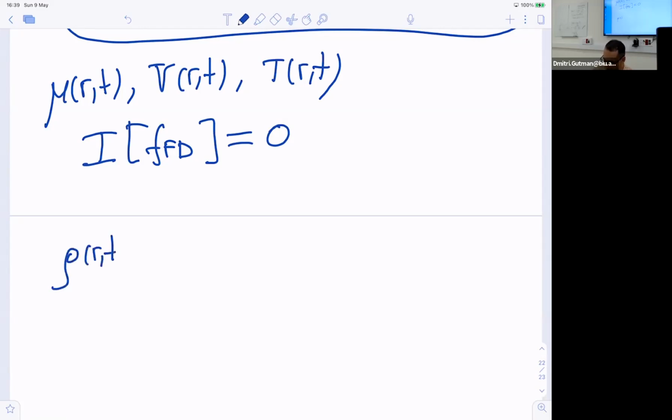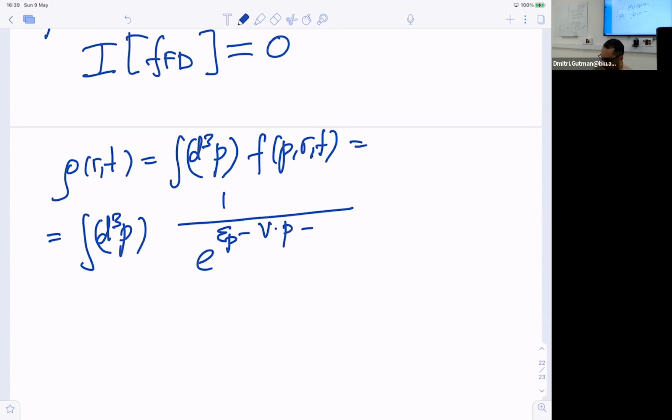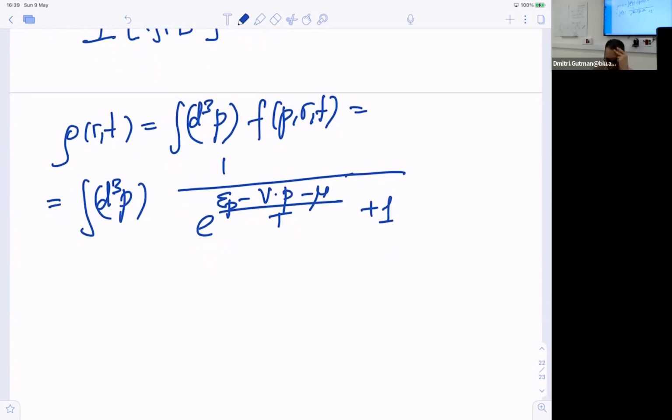Let's go back to density. Density, as we say, is the integral d3p of f of p, r and t. Now we plug in this simplified solution, one over the exponent of epsilon p minus v times p minus nu divided by T, plus 1, assuming that chemical potential, temperature, and V are all time and coordinate dependent.